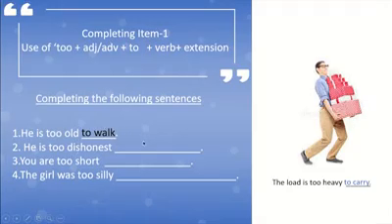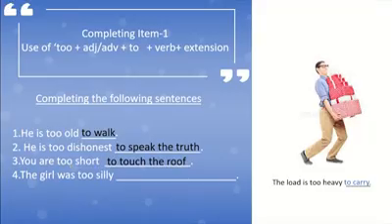By following this structure, we have to complete these gaps. He is too dishonest to speak the truth. And third sentence is you are too short to touch the roof. And the girl was too silly to understand the matter.